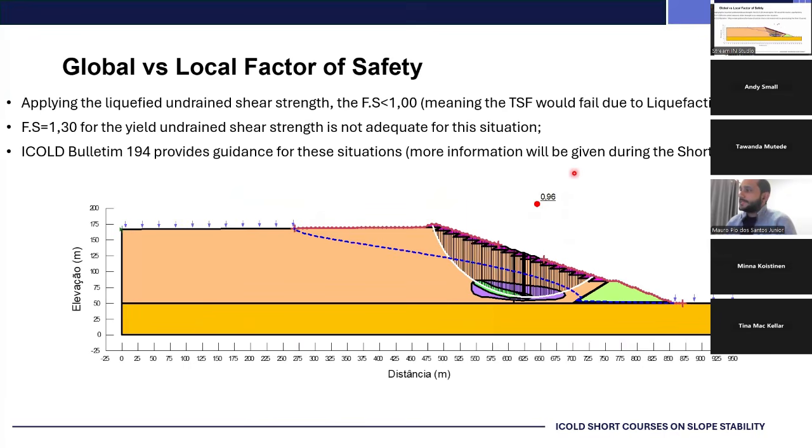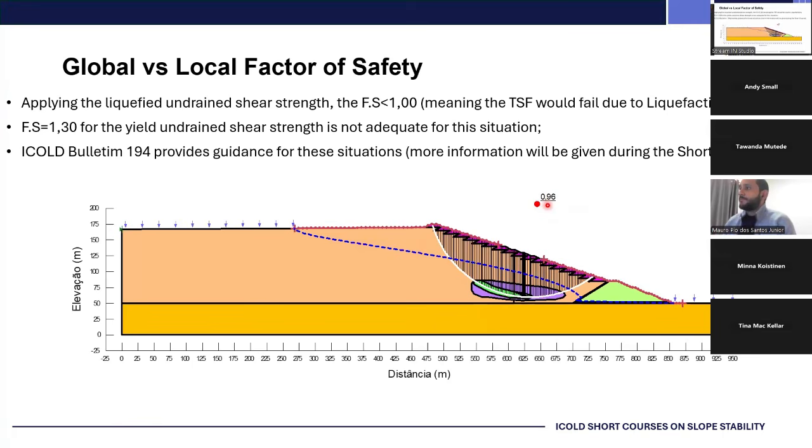So this is an example just to show that a factor of safety of 1.3 may not be sufficient to handle a liquefaction, even for a small pocket of material. I'm not assuming the whole material liquefied, just this very small pocket here, and it was not sufficient for that case.